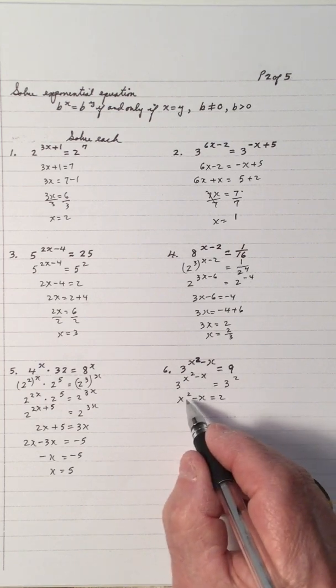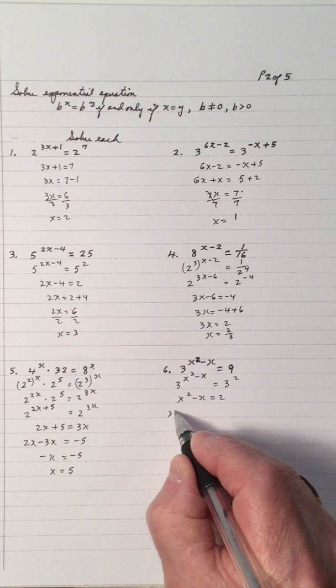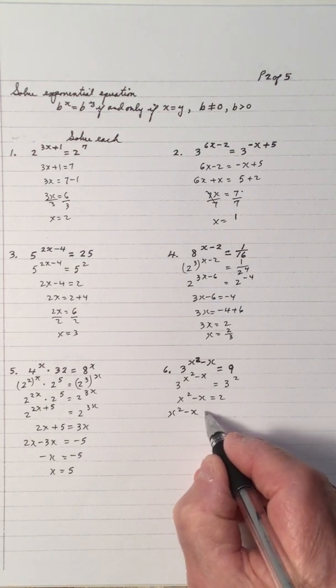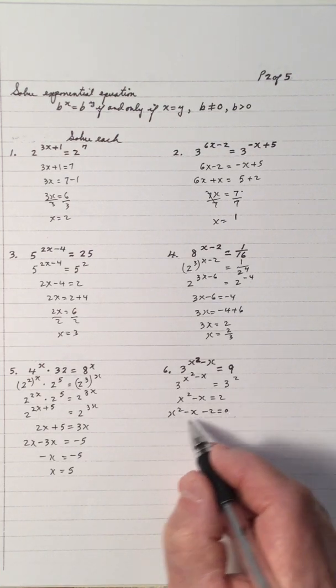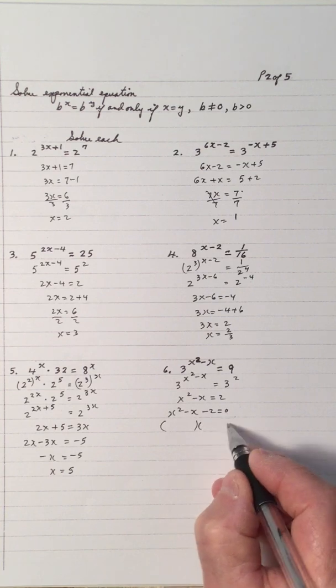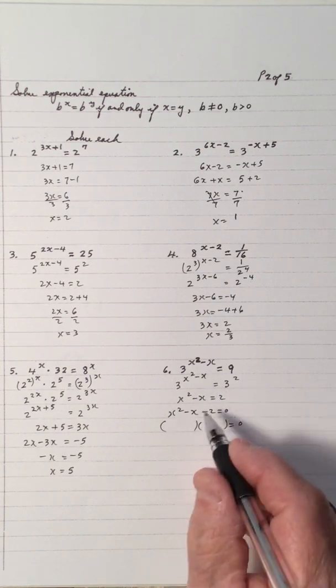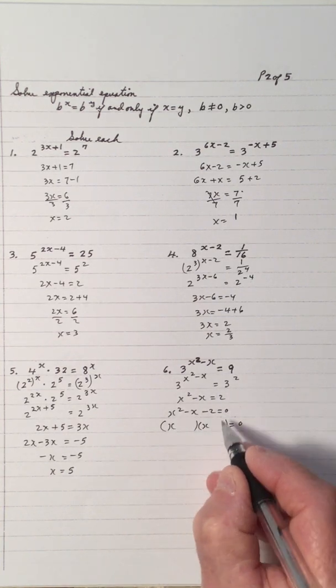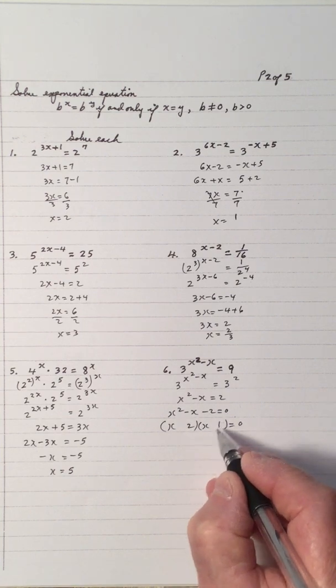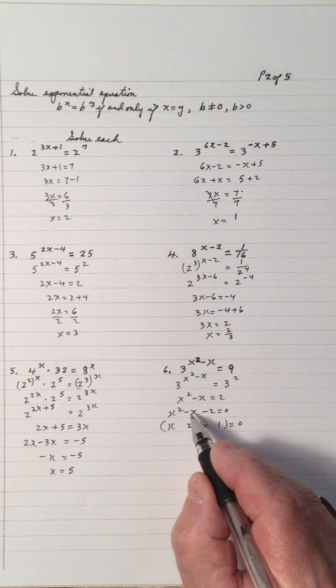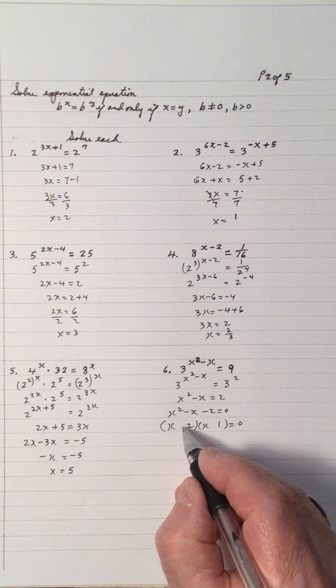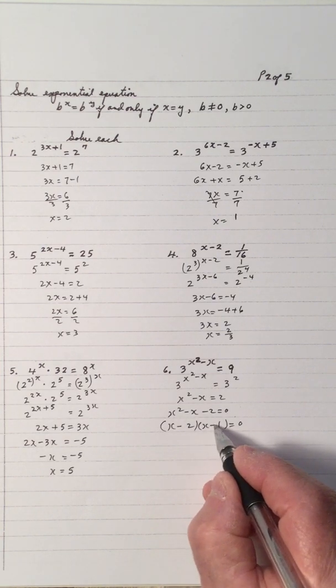We got a quadratic, so we have to move all terms to the left side equal to 0. Quadratic hopefully can be factored, or we have to use the quadratic formula. x and x, factors of 2 are 2 and 1. Product is negative, sum is negative, so we have to have negative 2 plus 1.